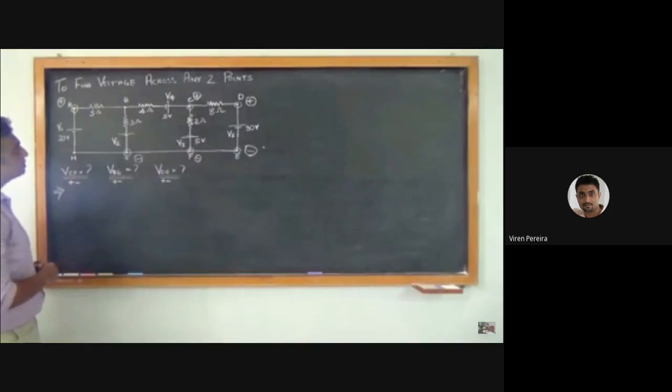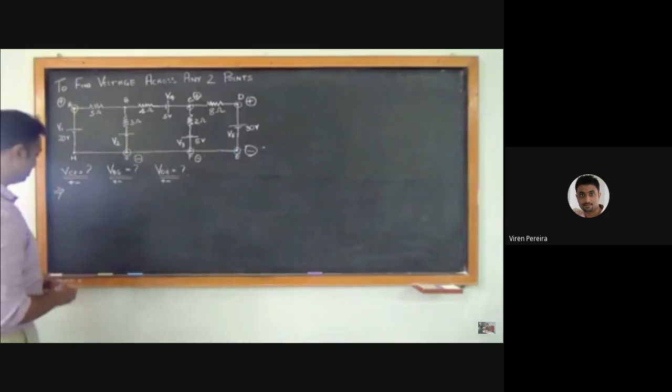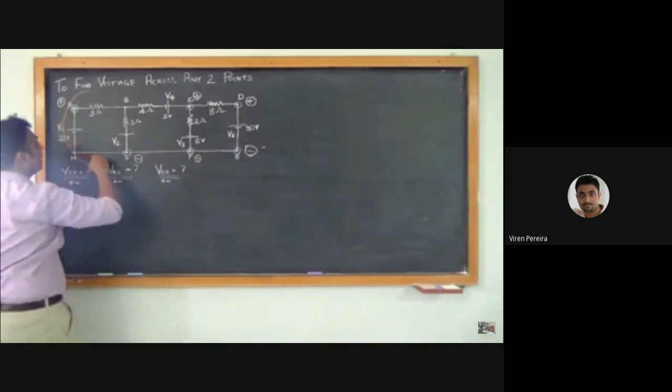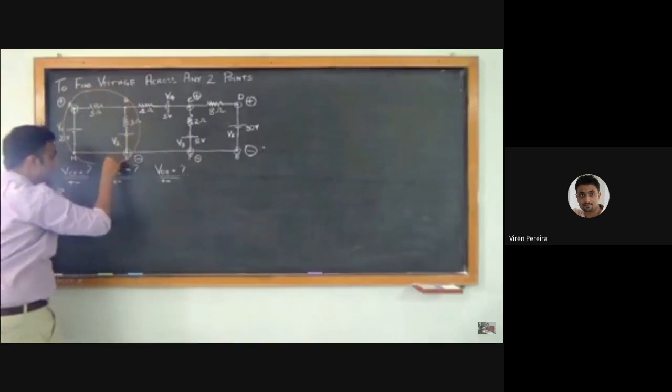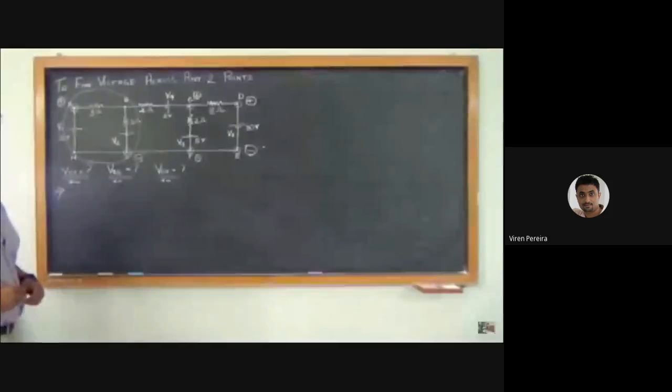So according to Maxwell's loop current method, the first step that we require is to basically highlight all the loops in the circuit.